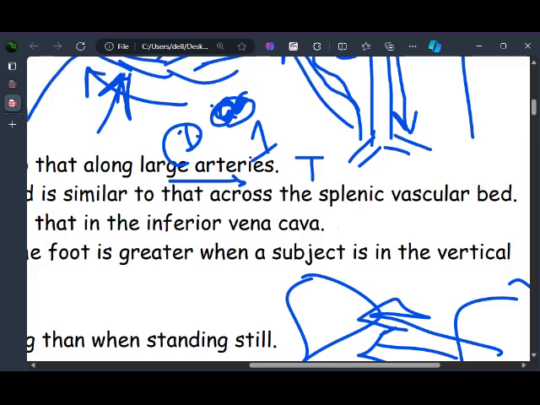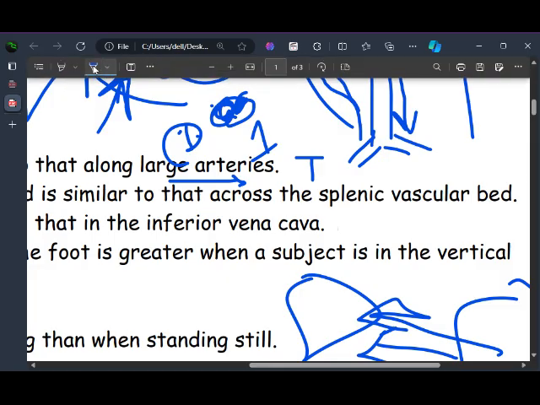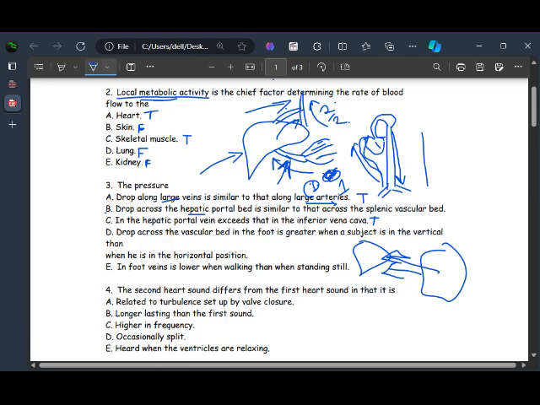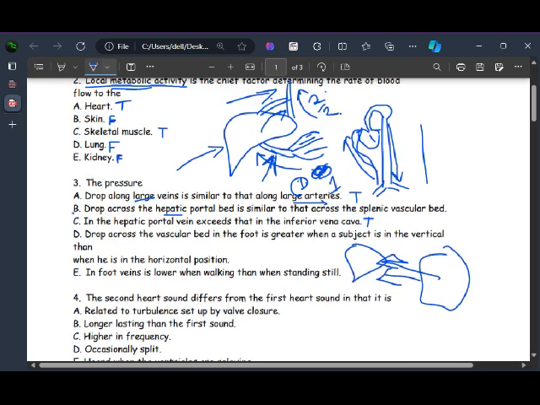Okay, so we can move on to the next option. Option D: the pressure drop across the vascular bed in the foot is greater when the subject is in the vertical than when he is in the horizontal position. That is actually false.